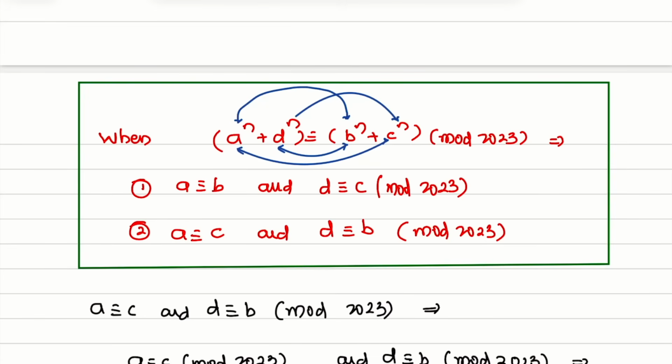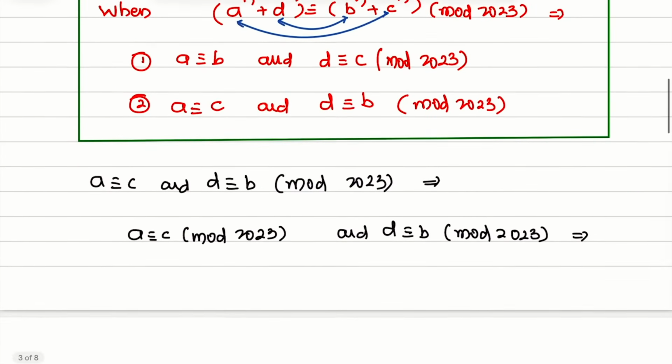Either a is equivalent to b and d equivalent to c, so that the congruences are compatible mod 2023, or a equivalent to c and d equivalent to b mod 2023.